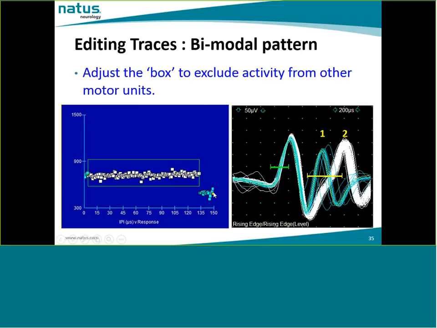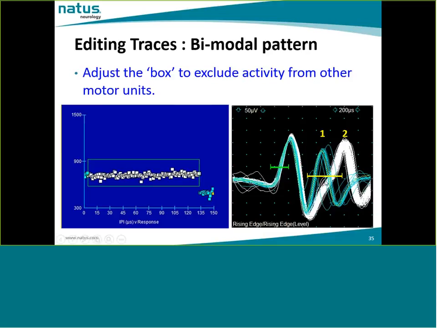And when we look at the interpotential interval distribution, we get the bimodal pattern. This is the first mode, and this is the second mode. So whenever you see data points with two lines or two clusters, that indicates that we have discharges from two different motor units. And we can now exclude the traces from the interfering motor unit in two ways.